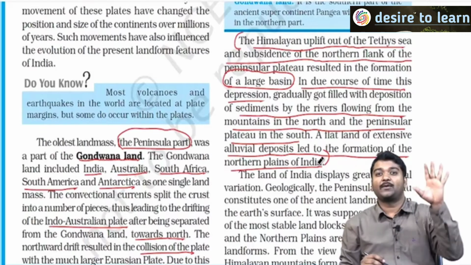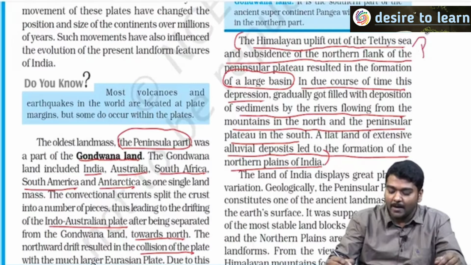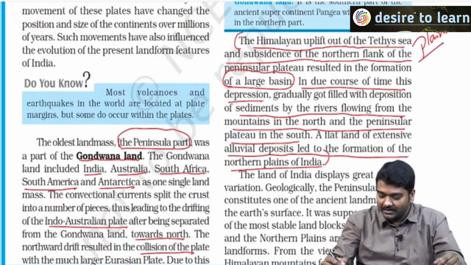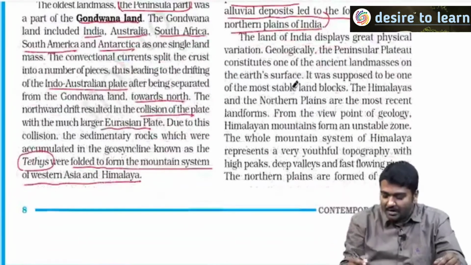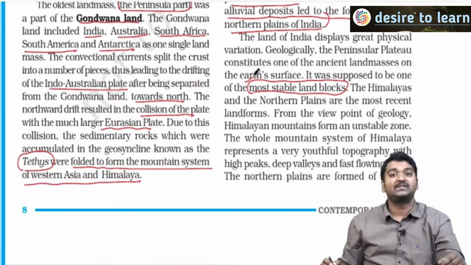So, UP, Bihar, West Bengal are nothing more than plains which are sedimentary deposits. And then we talk about the land block, the most stable block of India, that is peninsular India.